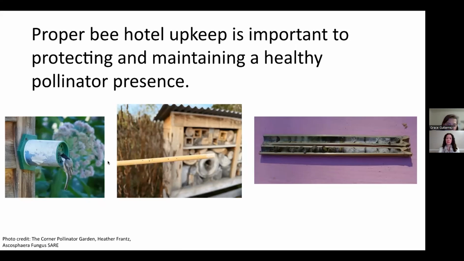You can see this tube looks kind of like cardboard to me, but basically you don't want it any thinner than thin cardboard, because using newspaper might be a little too thin. They can poke their ovipositor right through that.